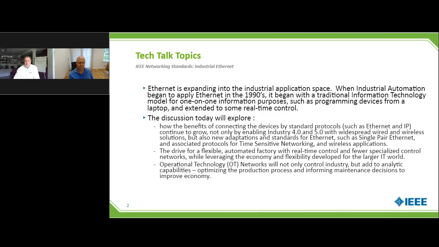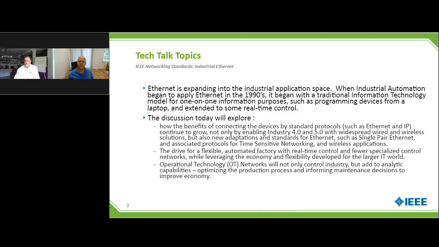So let's get started. Ethernet is expanding into the industrial application space. When industrial automation began to apply Ethernet in the 1990s, it began with a traditional information technology model for one-on-one information purposes, such as programming devices from a laptop and extending to some real-time control.